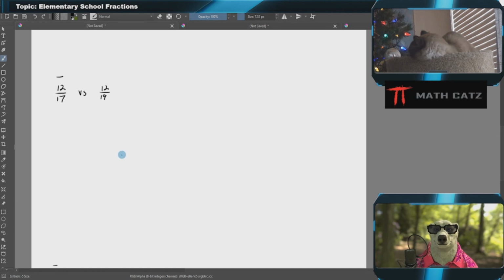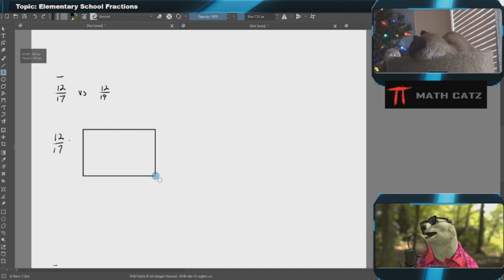We can still conceptualize the idea without explicitly drawing the whole thing. So if we want to just visualize the part of a whole concept of 12/17, I'm looking for a rectangle, you can imagine splitting it up into 17 equal pieces, and then we have, let's say here, 12 of these little pieces.